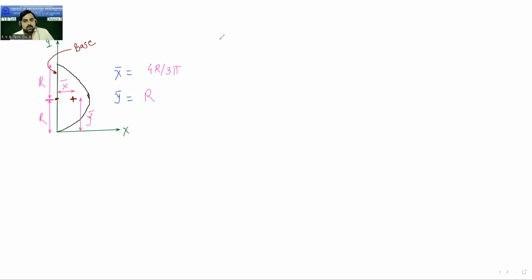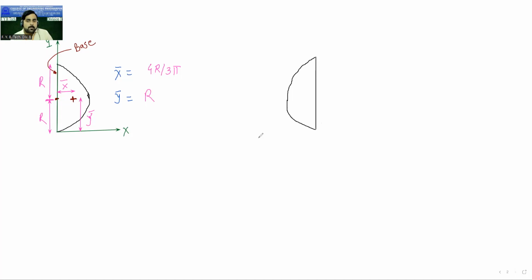One more case is there for the semicircle. Now, if the semicircle is like this, parallel to the y-axis, but this type of semicircle.